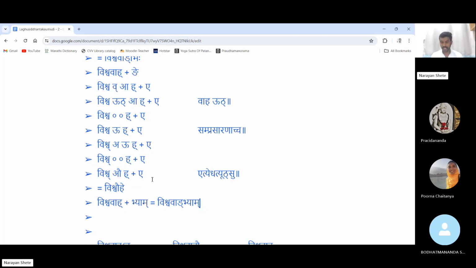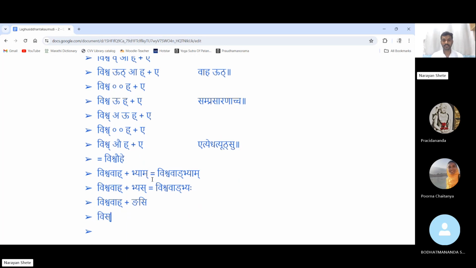Dhakara is at the end of pada, that's why it will turn into dakara. Vishwa vaha dhana. Yes. Vishwavadbhyam, sorry. Vishwavadbhyam bhyas, dhakara padantatvat, vishwavadbhyah.